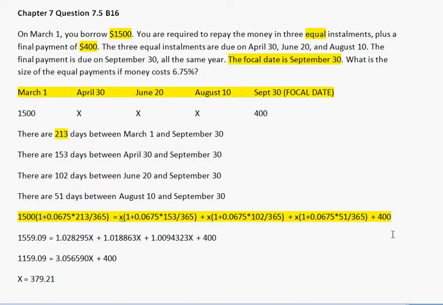The final term, $400, has no interest factor attached to it. That's because the $400 is paid exactly on the focal date. Therefore, there is no interest attached to it.